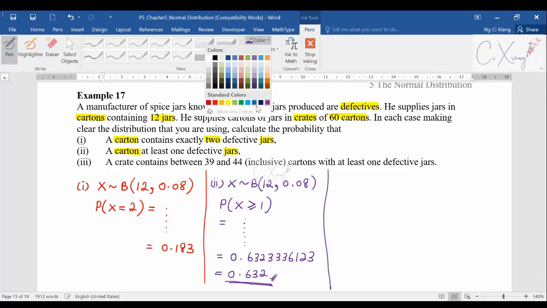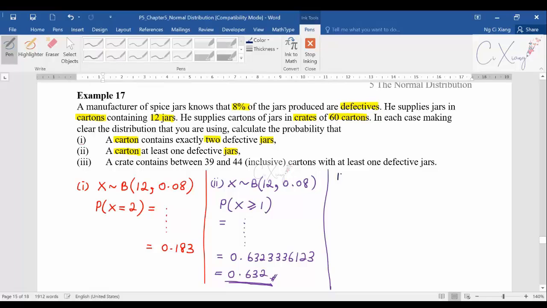Right, so this is what you have for part number 2. The steps that I skipped here, please make sure that you write in full. Write down the proper steps here. Don't just leave it blank like this. Okay, then now you go to part number 3.